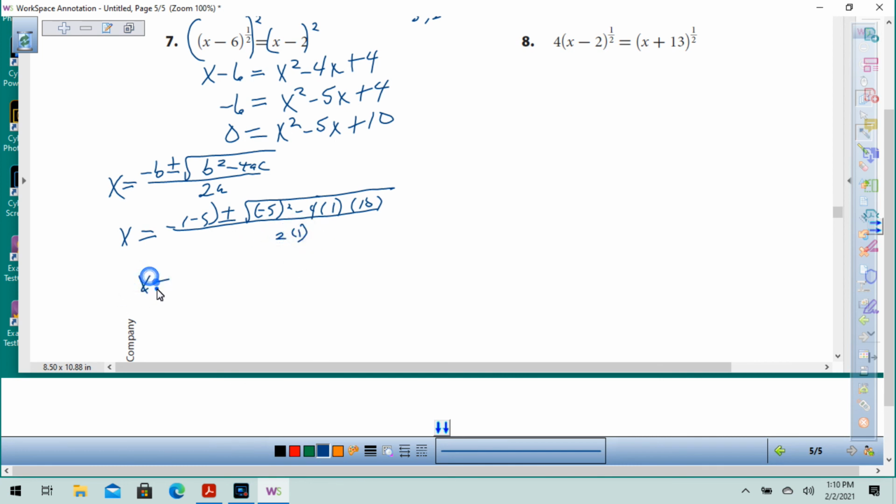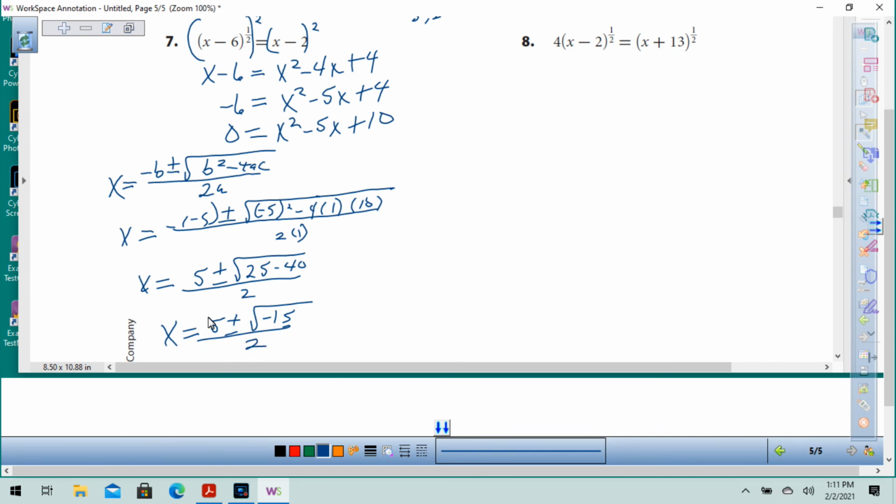So what do we got? x equals, that's going to be 5 plus or minus the square root of 25 minus 40, and all of that is divided by 2. So x equals 5 plus or minus the square root of negative 15, over 2.